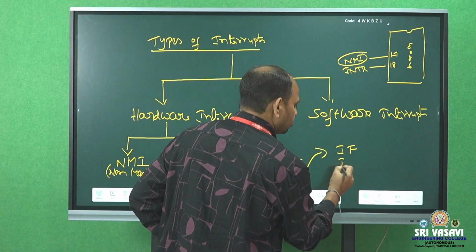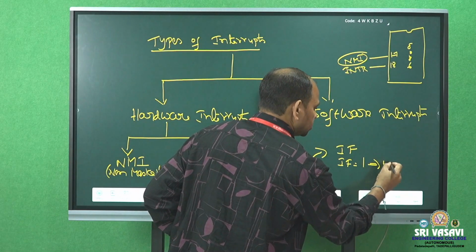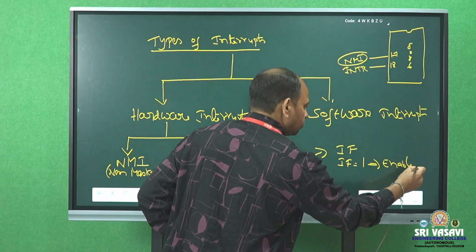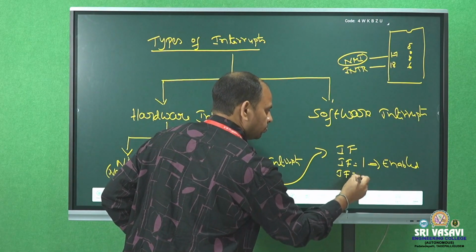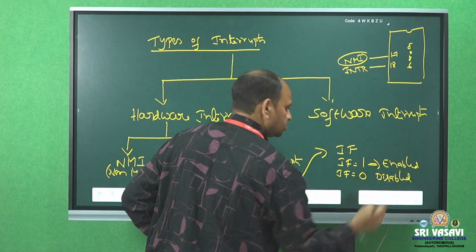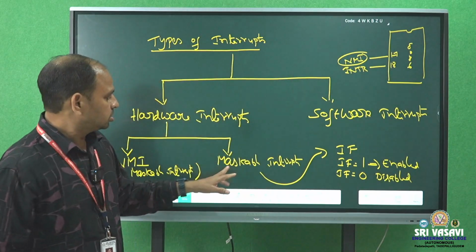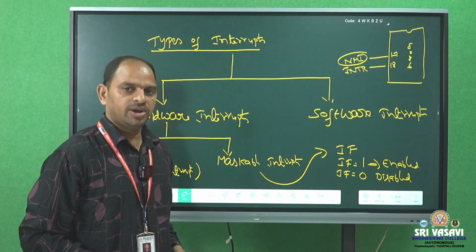If IF equals 1, interrupts are enabled. If IF equals 0, maskable interrupts are disabled. Therefore these interrupts can be enabled or disabled using the interrupt flag.